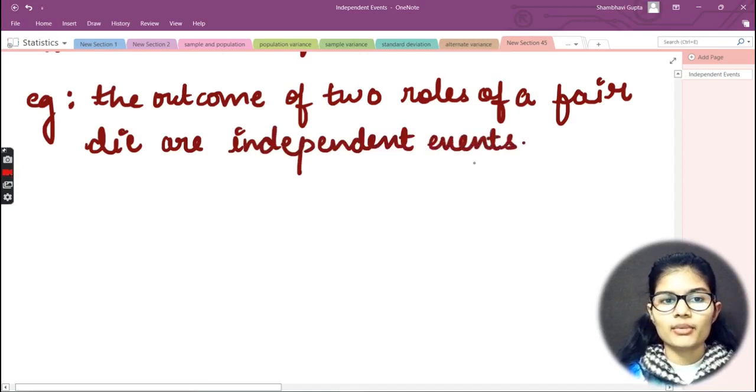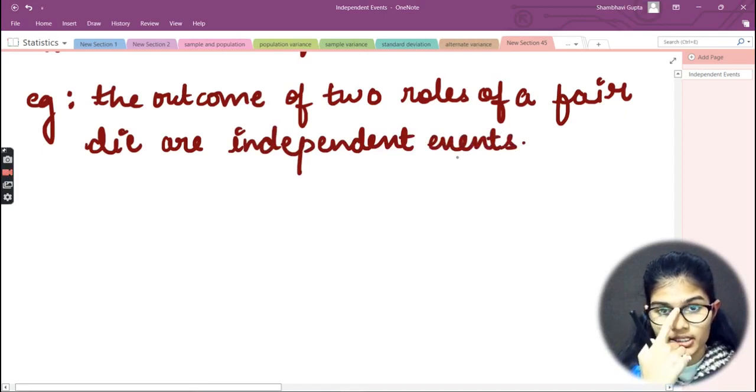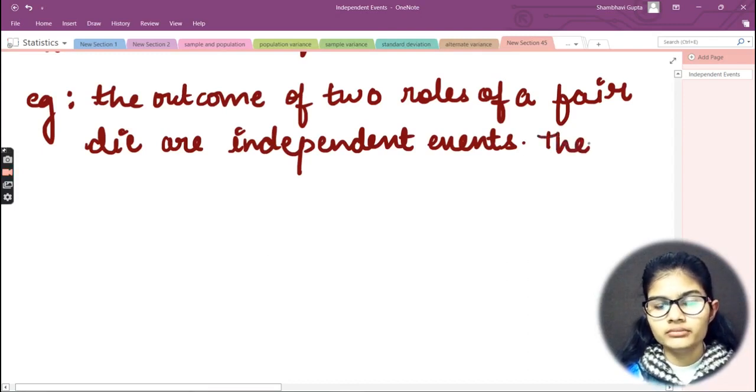Let's say for example we took that the outcomes of two rolls of a fair die are independent events.